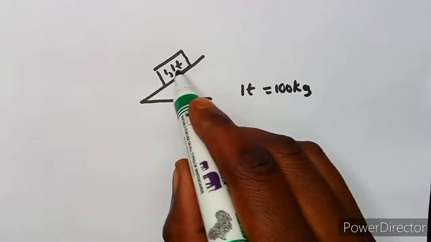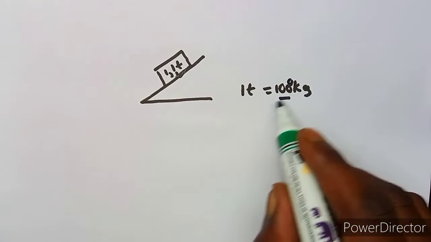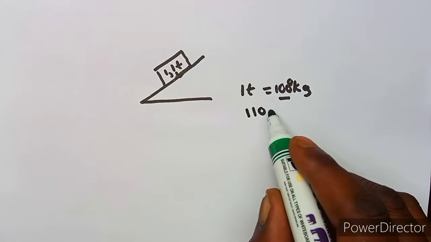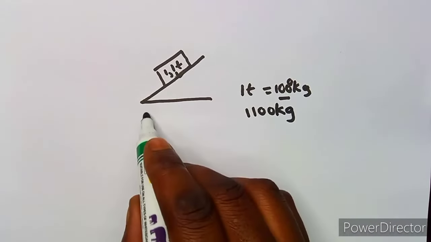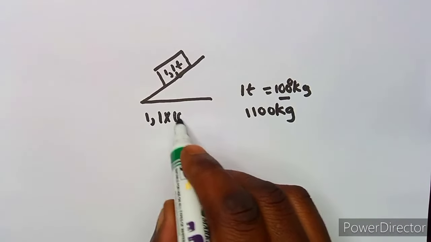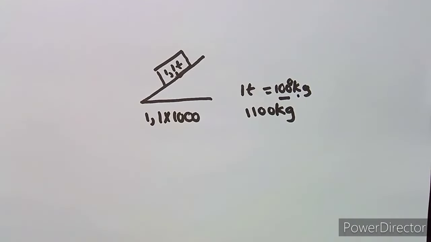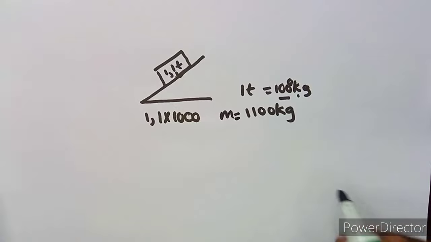So you multiply 1,1 ton by 1,000, which gives you 1,100 kgs, which is the mass. So you're given the mass in this case. What else do we have?